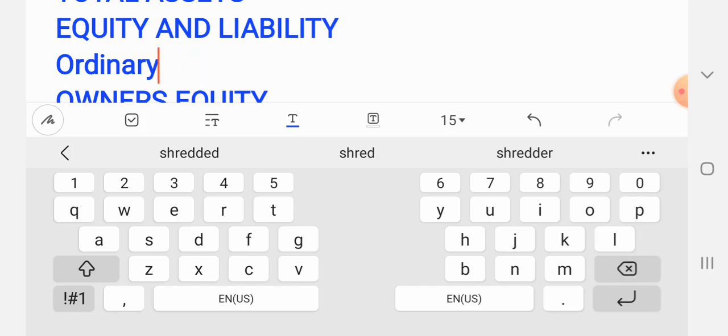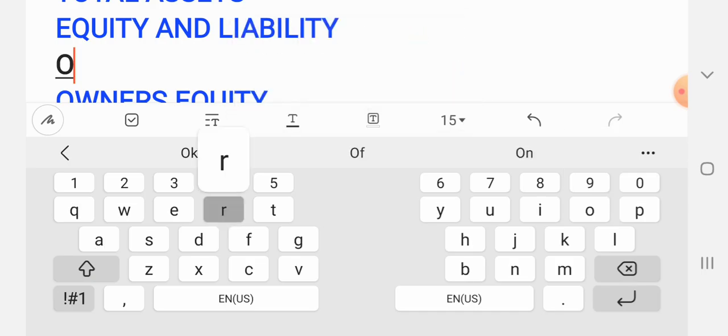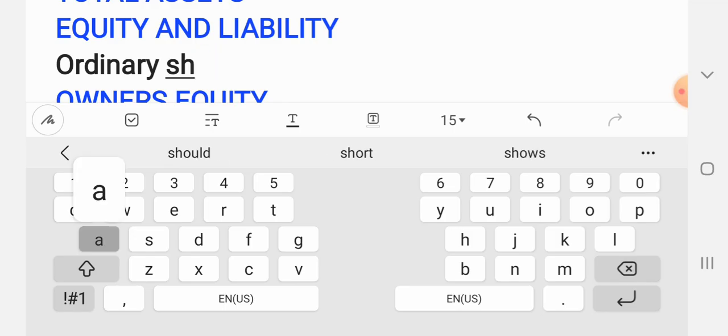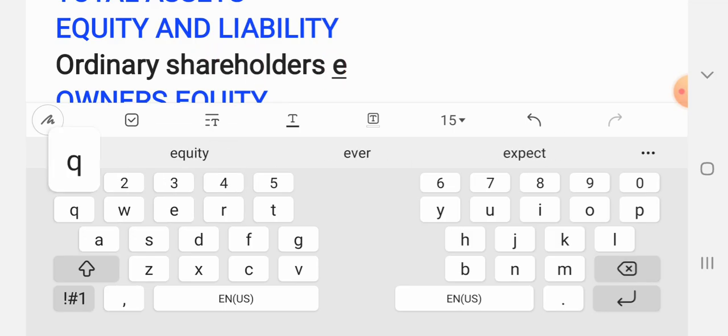Let's change this color. Ordinary shareholders equity.